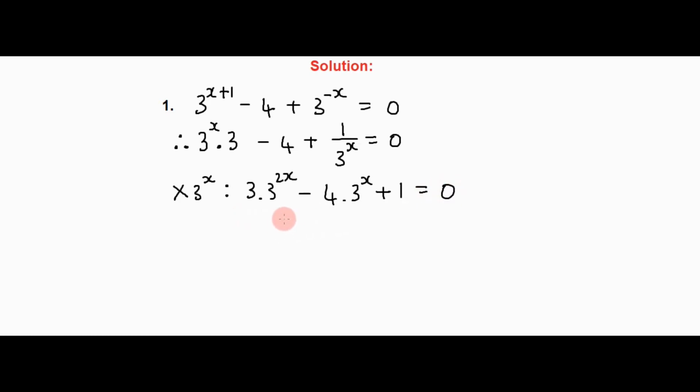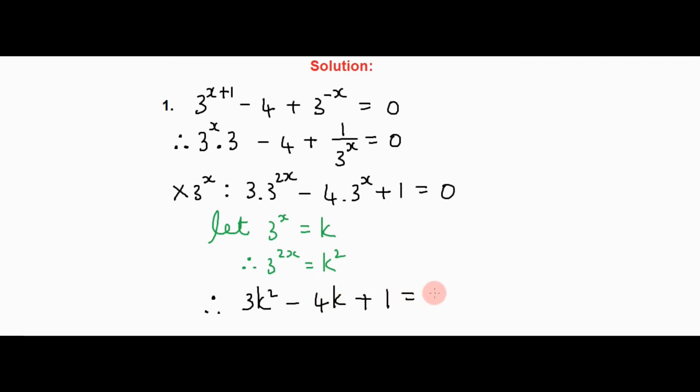So now we have a trinomial type, and we're going to let 3 to the x equal k, and hence 3 to the 2x will equal k squared. So in the equation, replacing all the terms in x with k's, we have 3k squared minus 4k plus 1 equals 0.